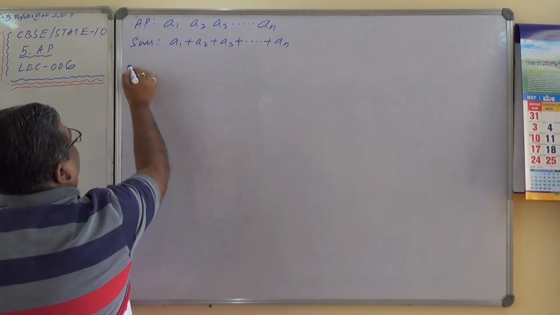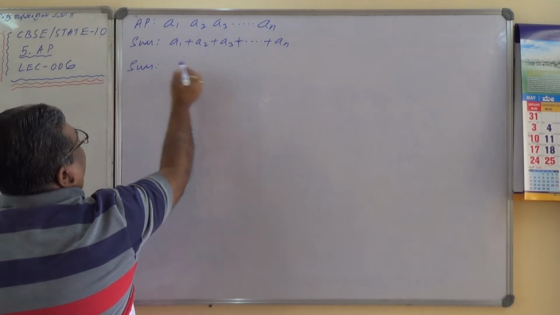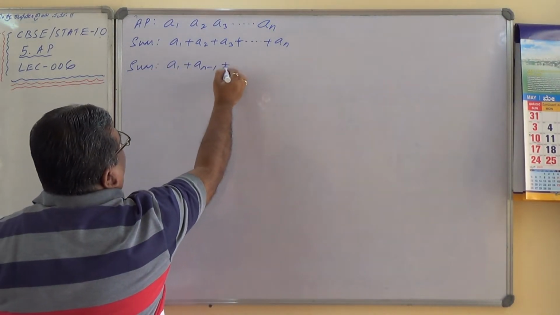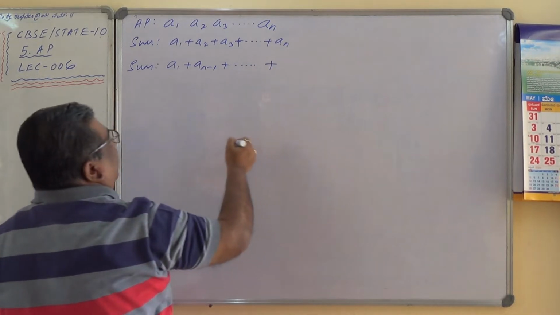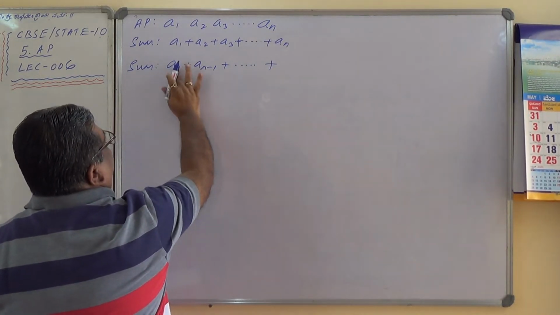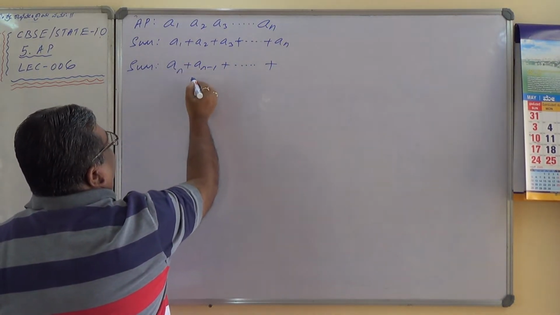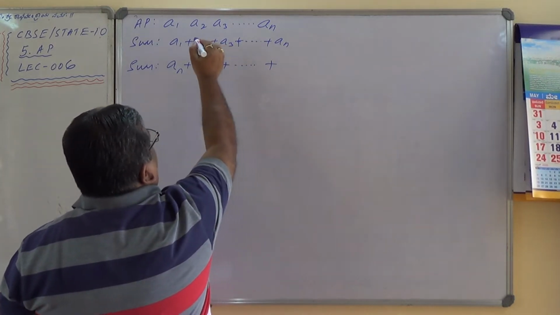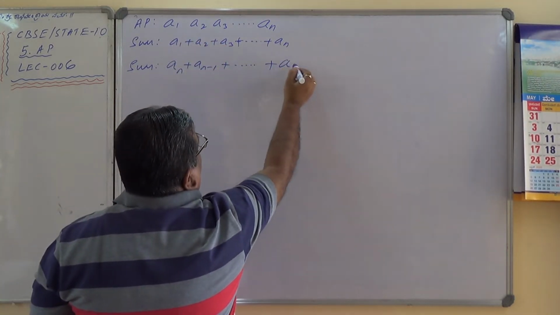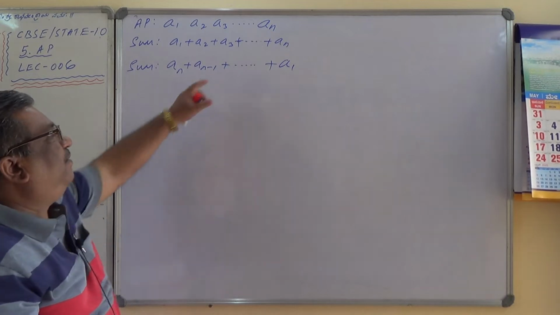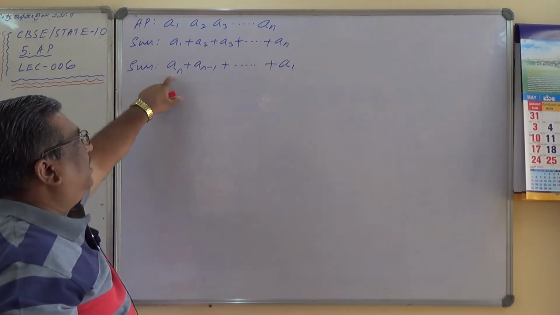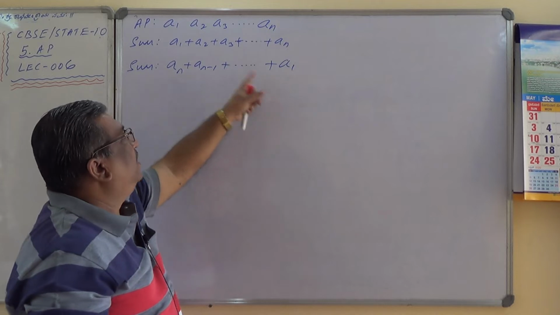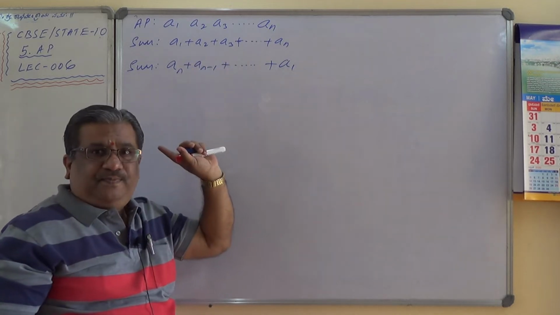You can also write the sum as an plus an minus 1, and it continues up to a3, a2, a1. Is it right? So if I reverse this AP, it is an and here it is a1. Sum of these terms is the same as sum of these terms, isn't it?